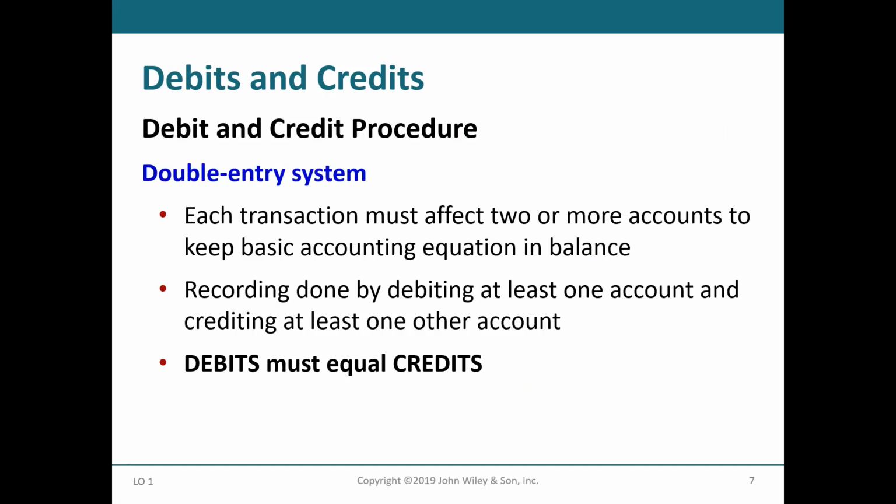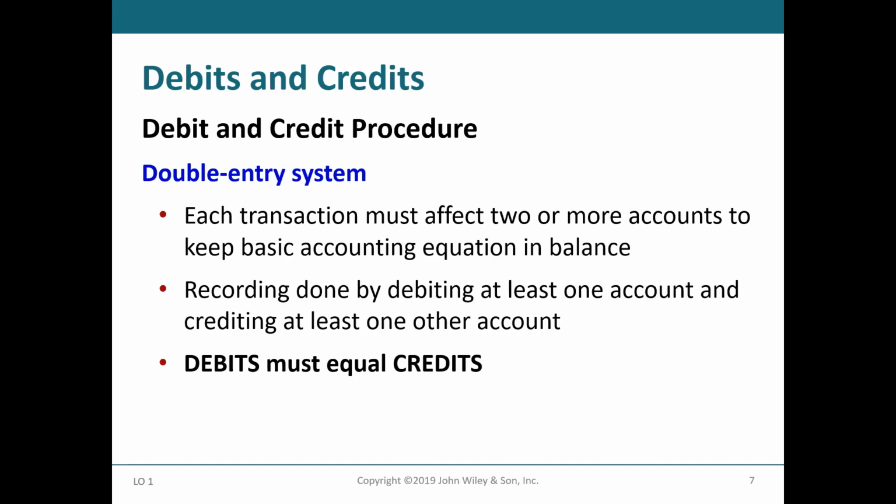When we record the journal entry, or any transaction, we follow a double entry system. So what is the double entry system? The double entry system says that every transaction must affect 2 or more accounts to keep the basic accounting equation in balance.